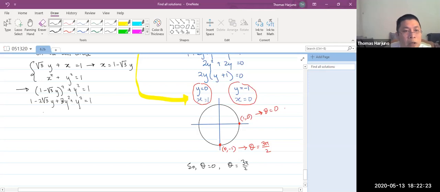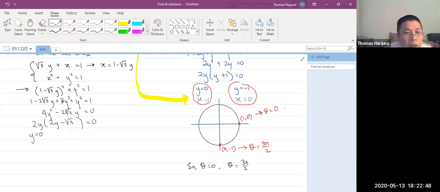Cancel the 1, so 4y squared minus 2 square root of 3 y equals 0. Factor the 2y, so either y equals 0 or y equals radical 3 over 2.